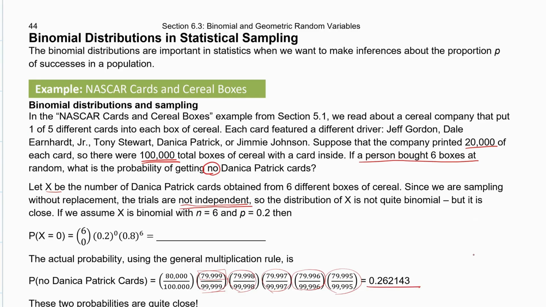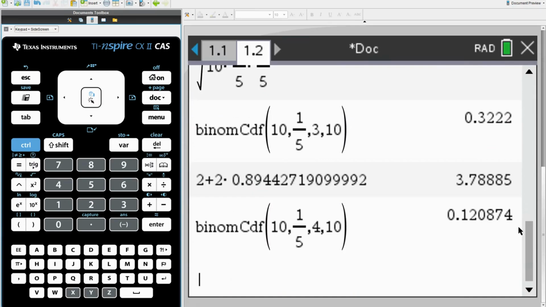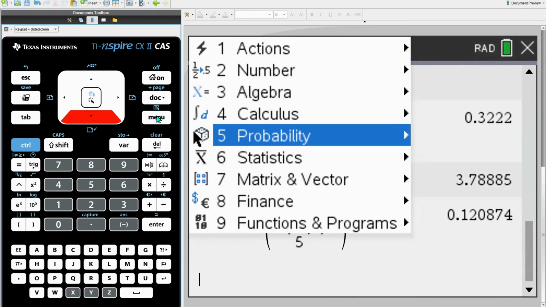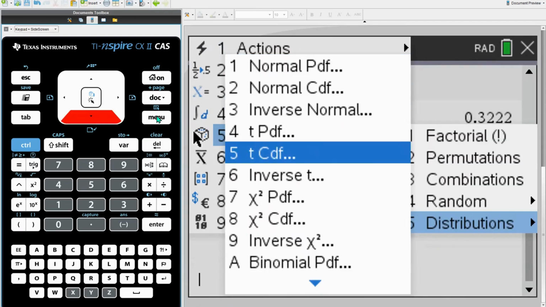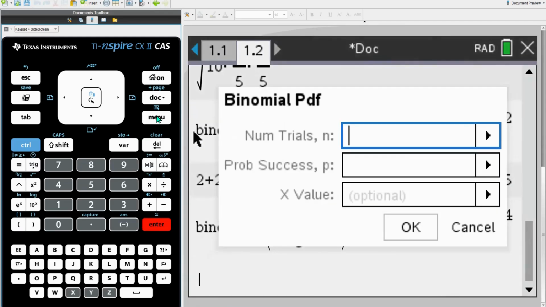But let's just say, for instance, what if we would have calculated this as a binomial? That's the binomial of the exact outcome of 0, under probability distributions, binomial PDF, because we're only looking for exactly 0.